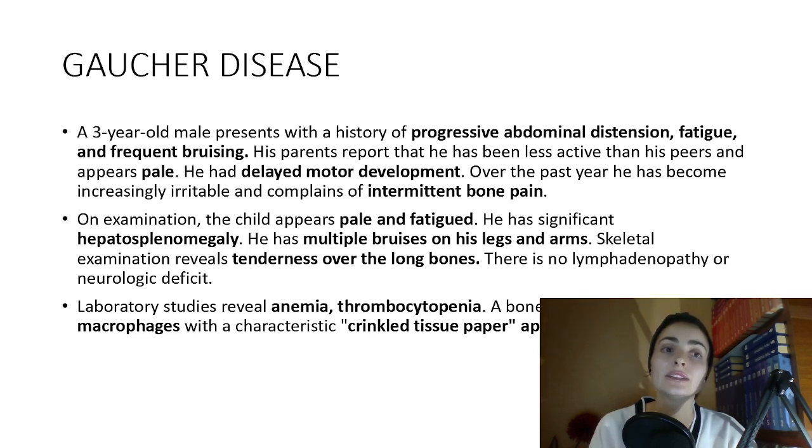Next disease is Gaucher disease. A 3-year-old male presents with a history of progressive abdominal distension, fatigue, and frequent bruising. So, we probably know about bruising. Fatigue means tiredness, and progressive abdominal distension, abdominal enlargement, can be caused by a lot of things, but a lot of times in these cases, it would indicate that it can be hepatosplenomegaly.